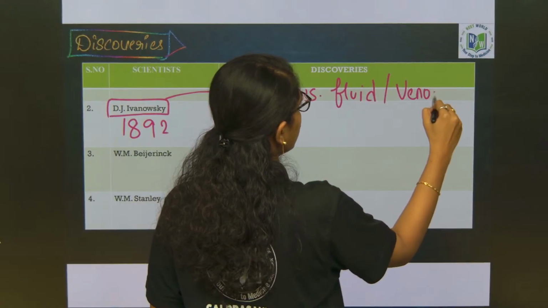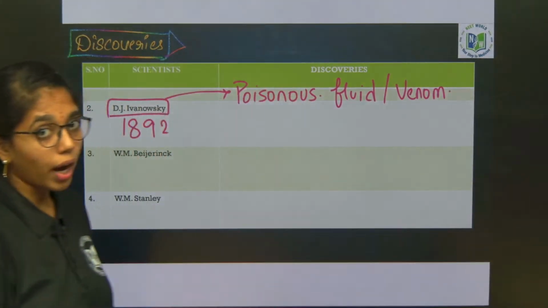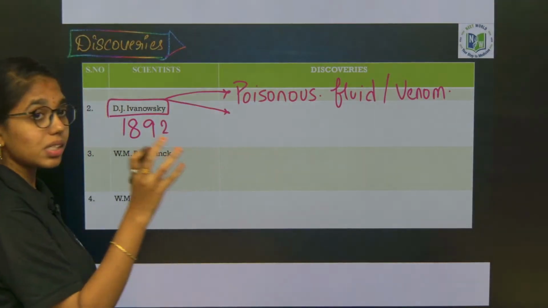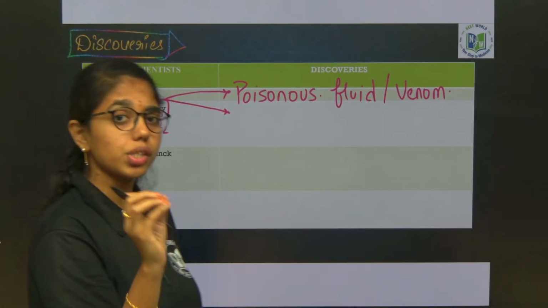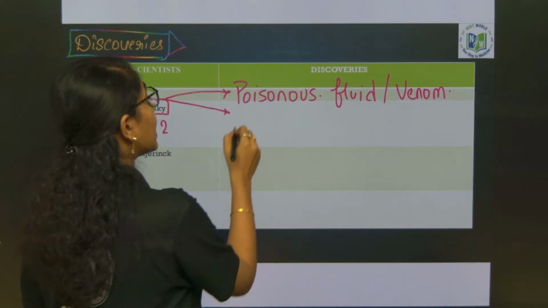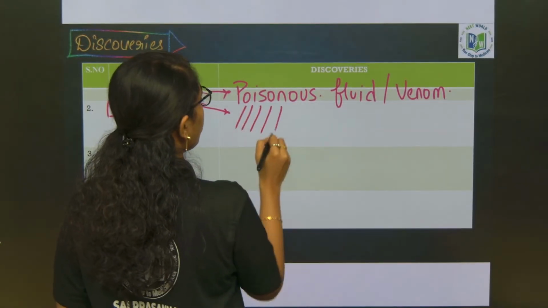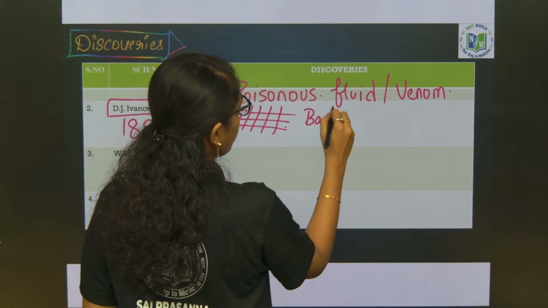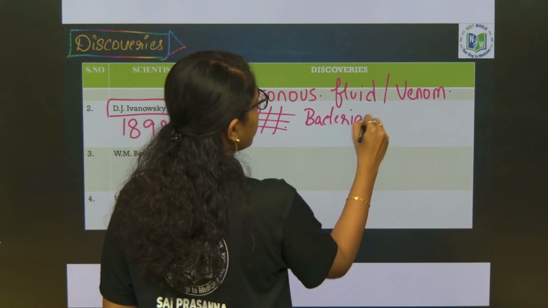He said that viruses are smaller structures than bacteria, and they can easily pass through bacterial filter paper.